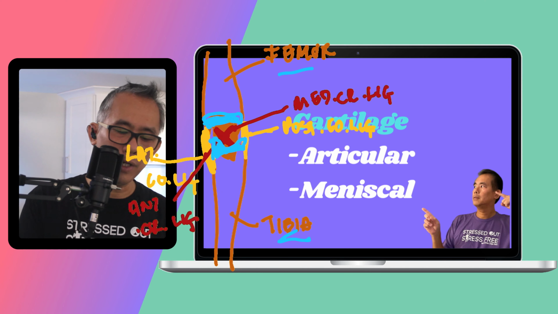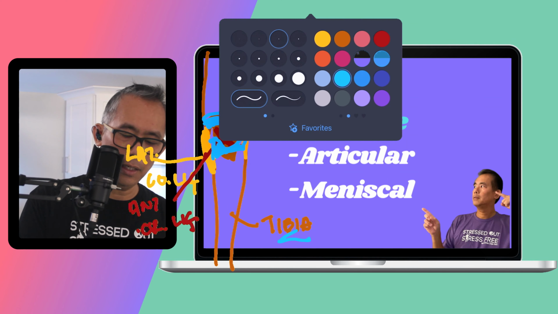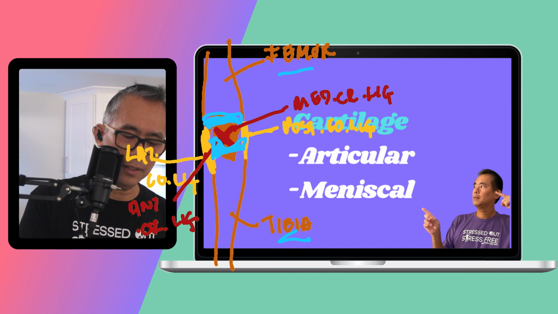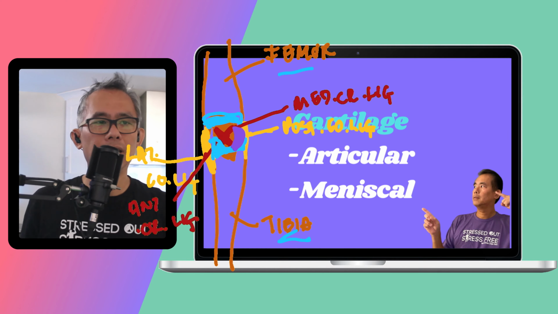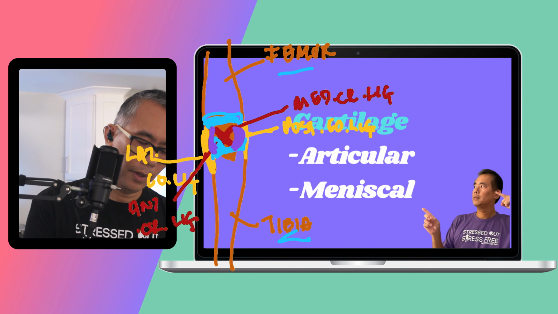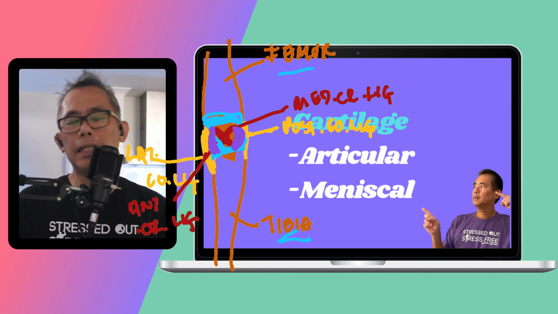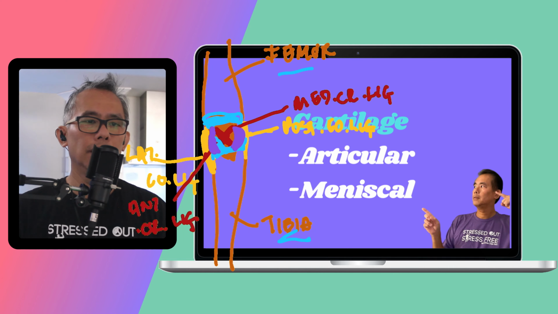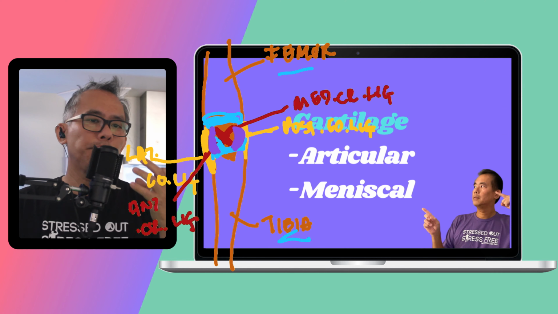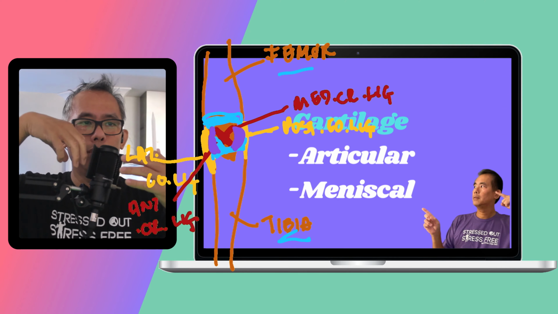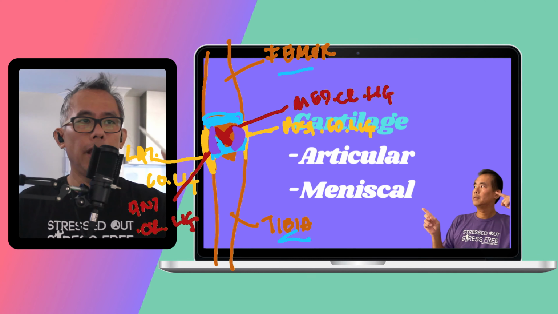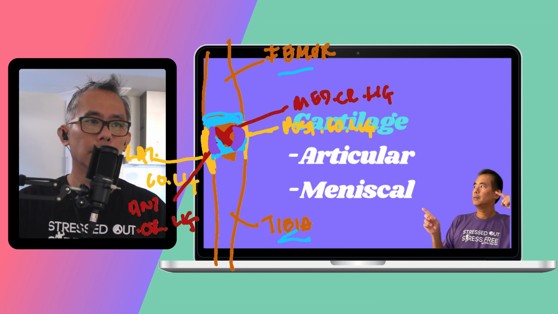Next but not least is the meniscus. The meniscus is a wedge, kind of C-looking piece of tissue. It's like a shock absorber between your shin bone, the tibia, and the femur bone, the thigh bone.